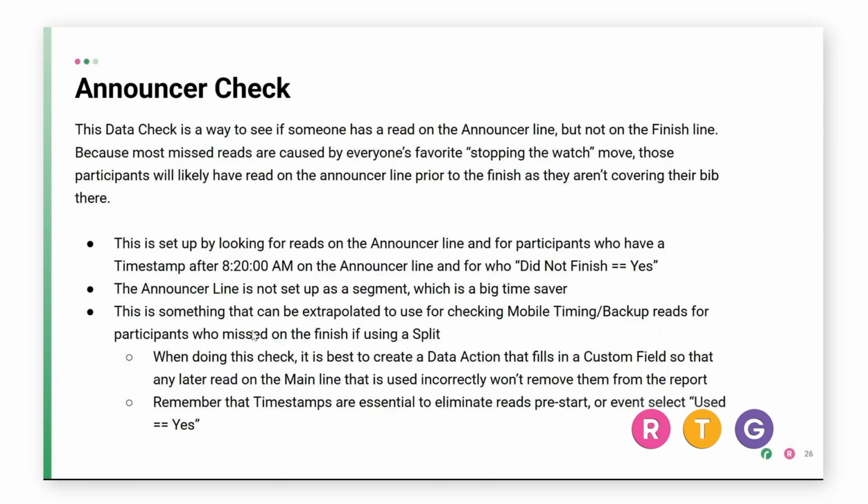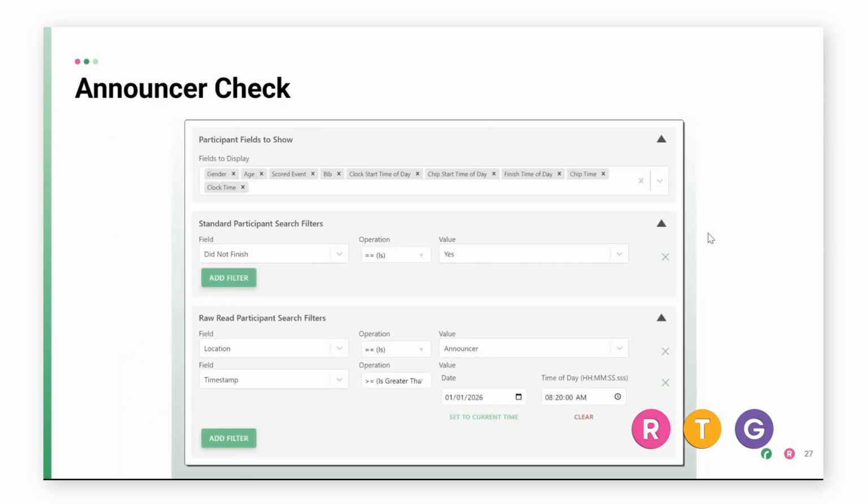So if you created something where you had that backup read, not a main read, you could run a check on that using the custom field that the data action fills. And again, just a reminder that timestamps are essential to eliminate reads pre-start. So used equals yes is your friend in these scenarios.